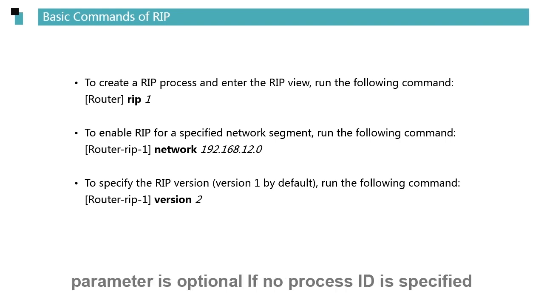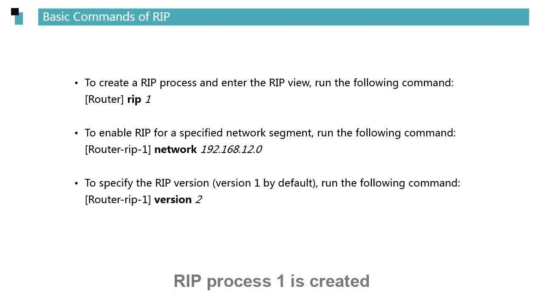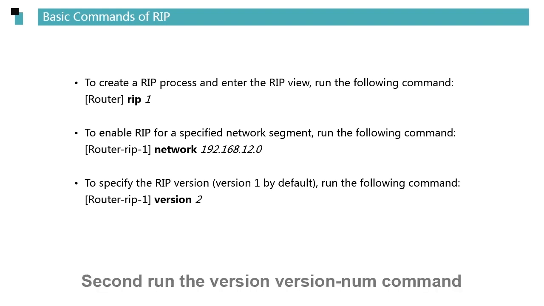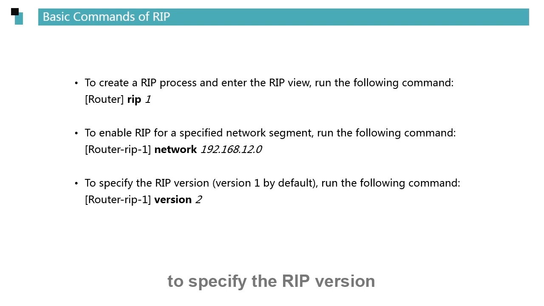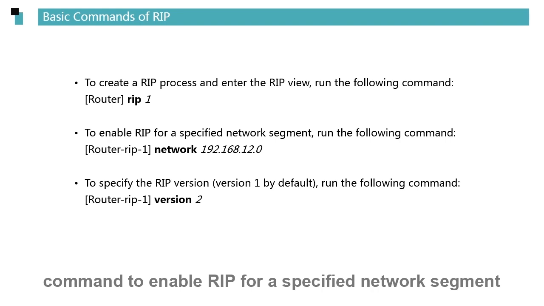If no process ID is specified, RIP process 1 is created. Second, run the version num command to specify the RIP version. Version 2 is recommended. Third, run the network address command to enable RIP for a specified network segment.